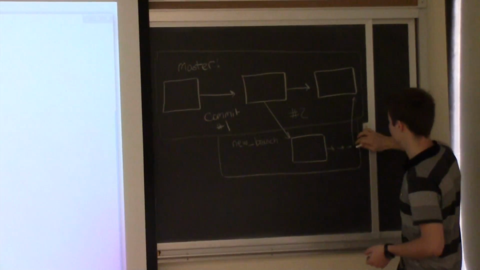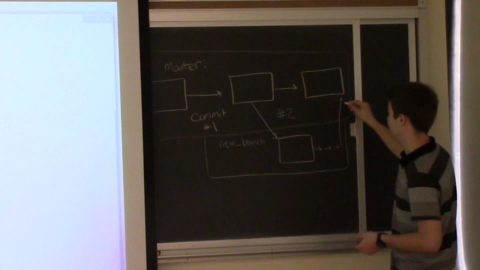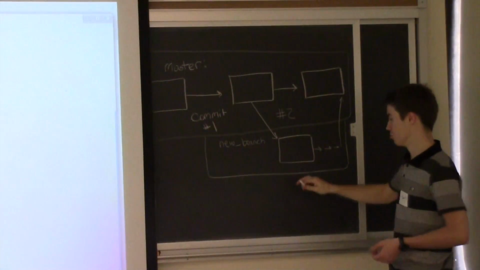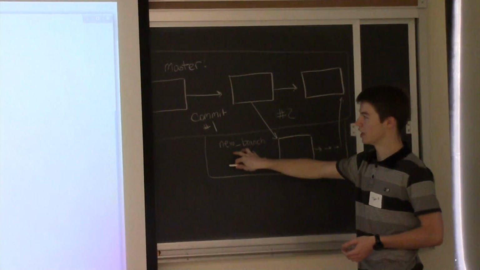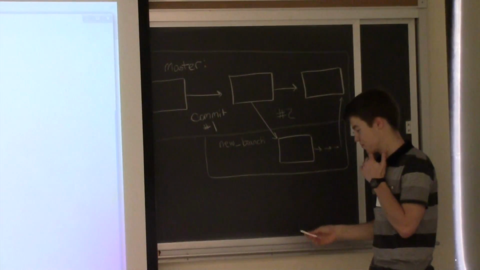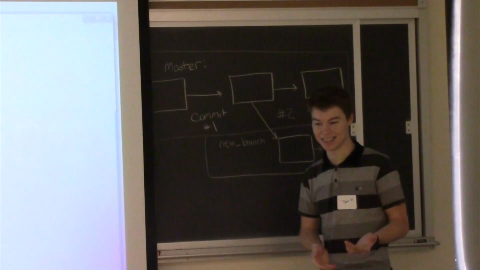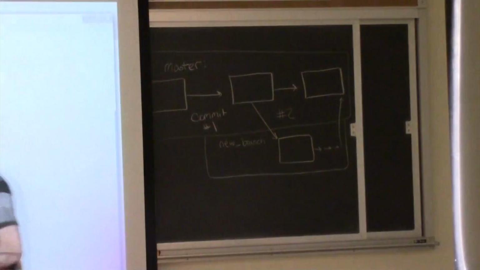And then once you do this, you're just merging those changes into master, meaning you merge the changes you made in new branch into master. So maybe it'll be better if we actually do an example of this.